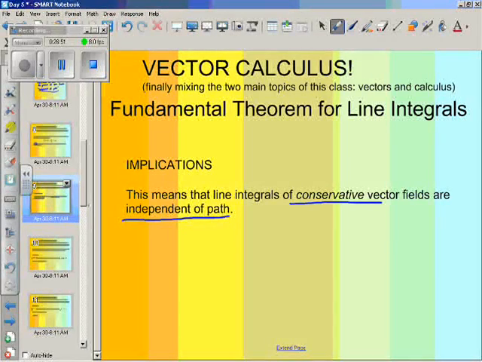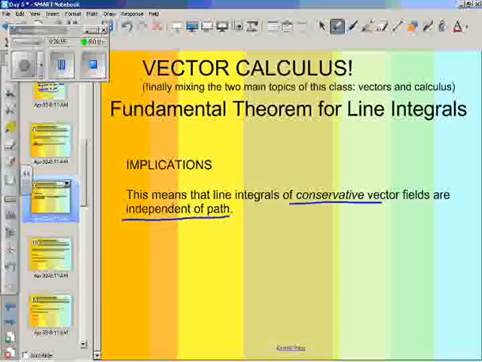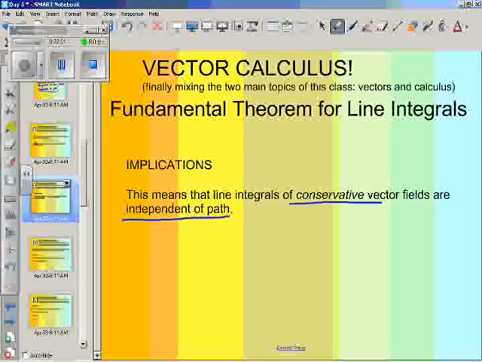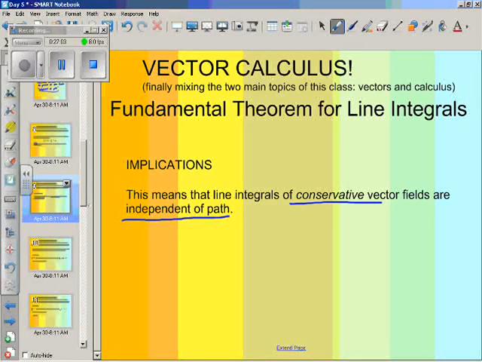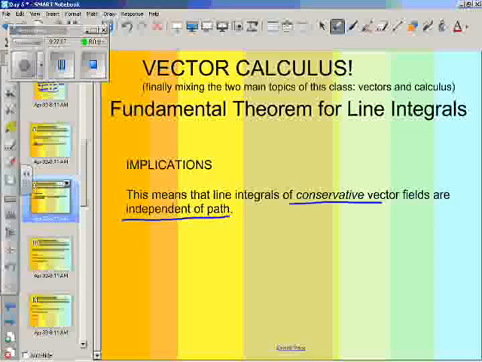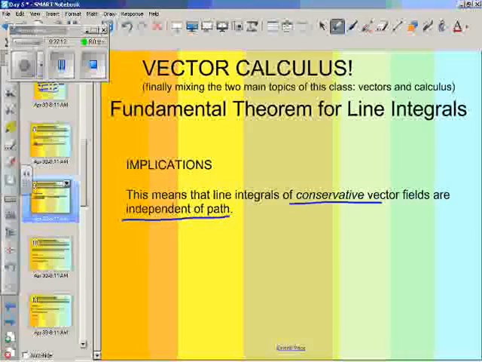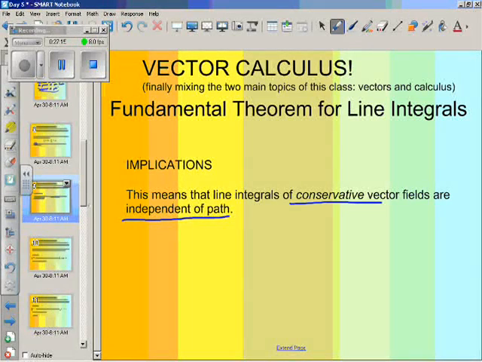And so that's really the big implication of the fundamental theorem, more than anything else. Conservative vector fields are independent of path. All we have to worry about are the endpoints. Okay? So we have to get through a couple very quick definitions, and then we can go through some examples and see exactly how we can put this fundamental theorem to use.